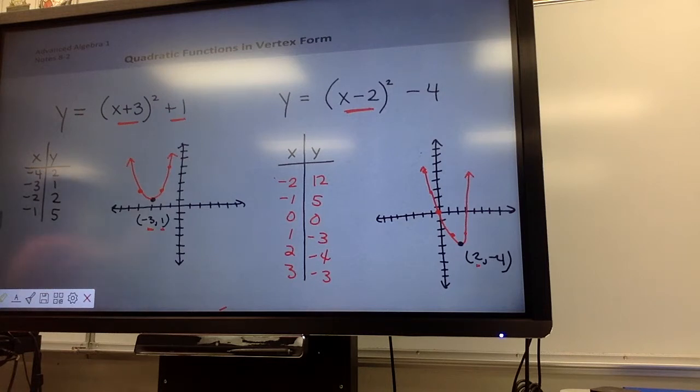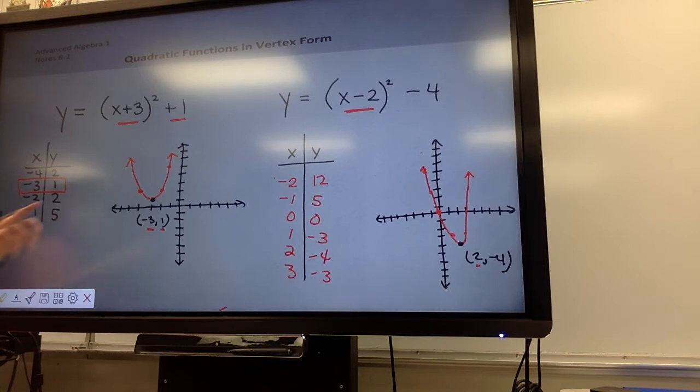Ryder, one question you had for Sophie was, how do I know what values to put in? Well, if you can look at the equation and determine where the vertex is going to be located, you know that value needs to be in your table. Then if you find an x value that's less than that and a value that's bigger than that, you'll have enough to draw your U shape.